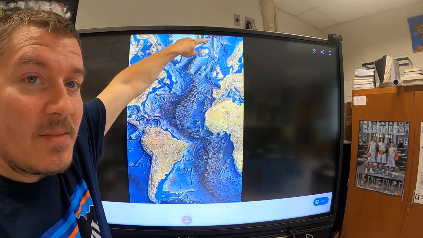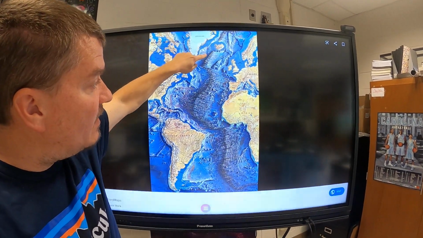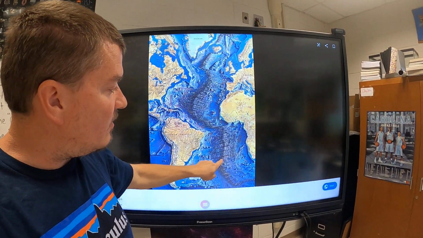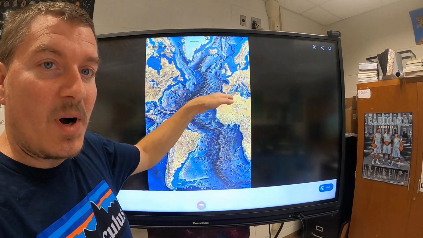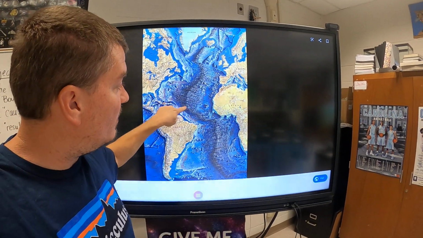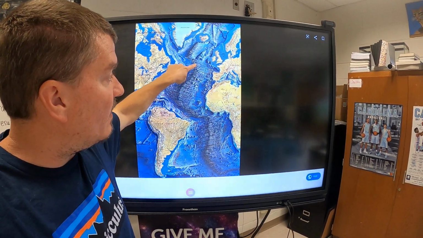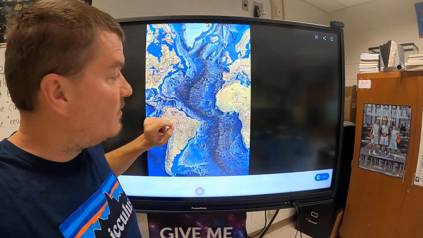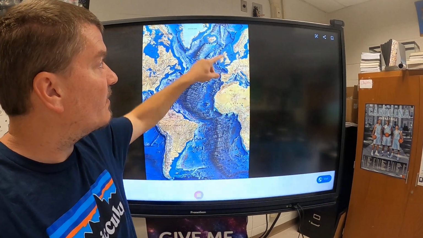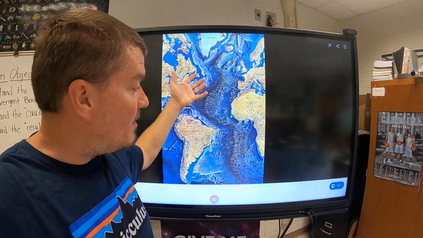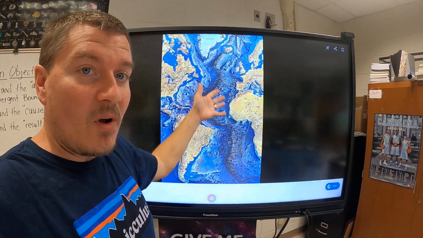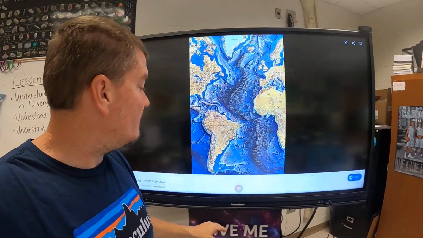And all the way from the Arctic down through the middle of the Atlantic Ocean and all the way down to Antarctica are all of these ocean ridges, all of these bumps along the ocean floor where new magma is coming up from down below. If you can see the line that's running through there, that's the actual plate boundary between, up here, the North American plate and the Eurasian plate that's there. If we were to consider this to be a mountain range, because it basically is, it's just underneath the ocean, this would be the longest mountain range on planet Earth.